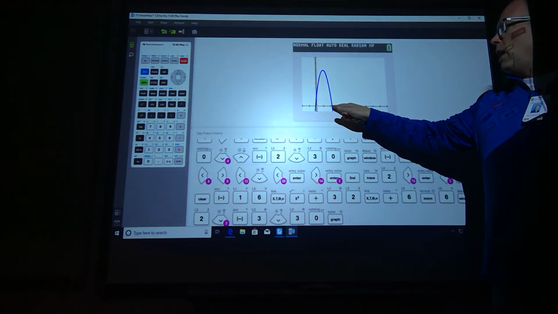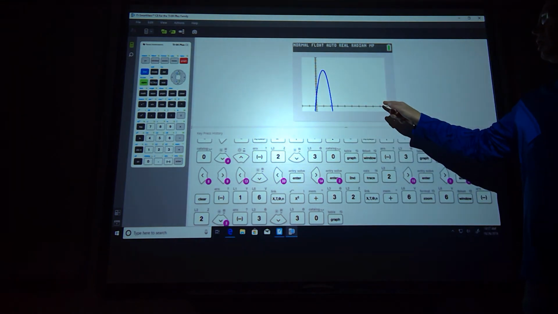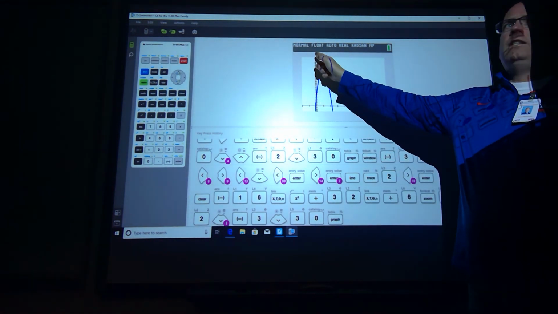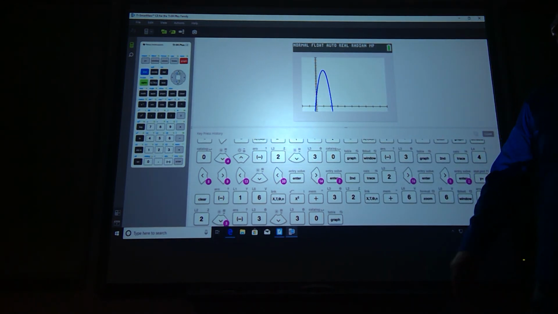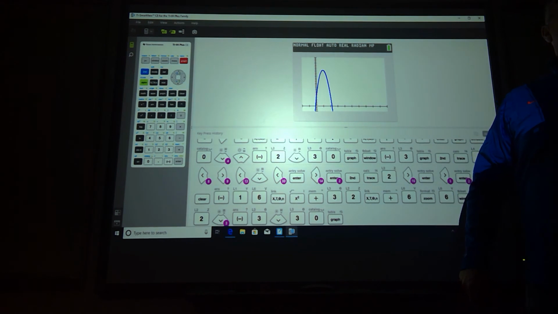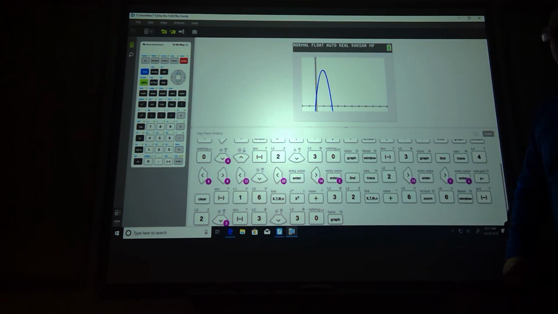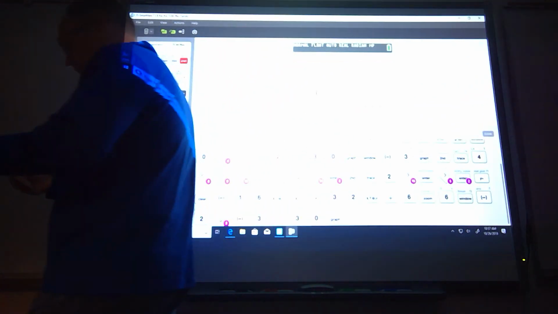So it's going to hit the ground right here. It's going to get to its maximum height here. I have time in seconds here. I have feet here. So we can figure out a lot of information. Does where it crosses the x-axis mean anything? No, we're not traveling back in time. Okay, so let's figure out the items about this.